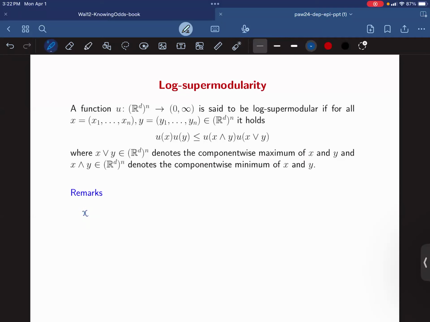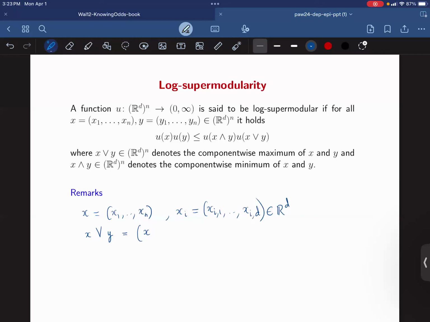So for example, if you know x equals x1 to xn, where each of these xi's are now in R^d, then x min y, x max y would be, and let's say that each of these xi's are in R^d, you can call each of these xi1 to xid, if you like.